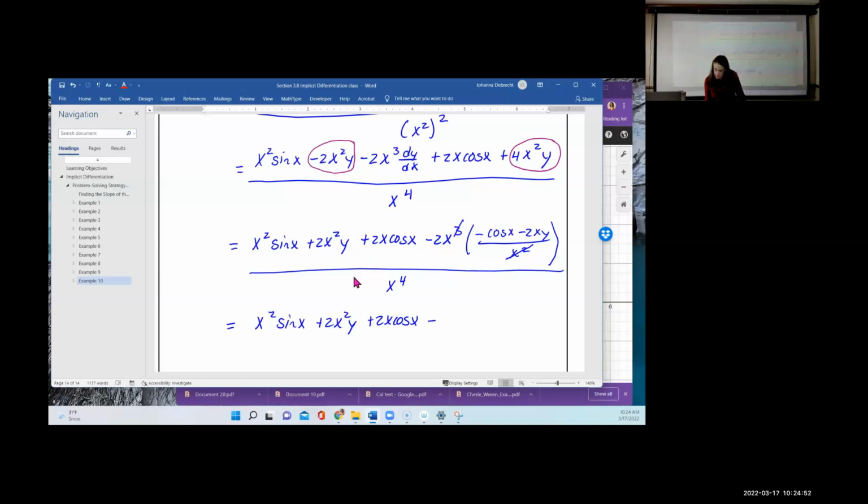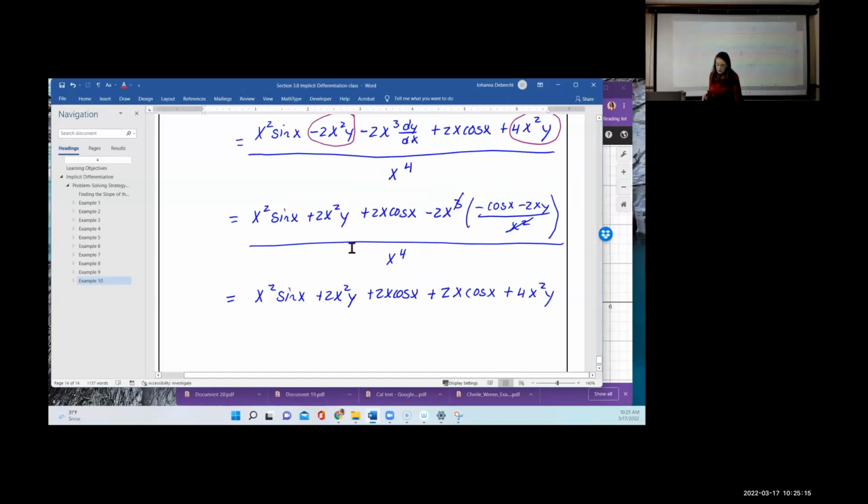So this gives me a minus 2x times a negative cosine of x, which gives me a plus 2x cosine of x. And then a negative 2x times negative 2xy gives me a plus 4x squared y, which gives me additional terms that are like terms. Make sure that you do the multiplication correctly. And all of this is divided by x to the fourth.